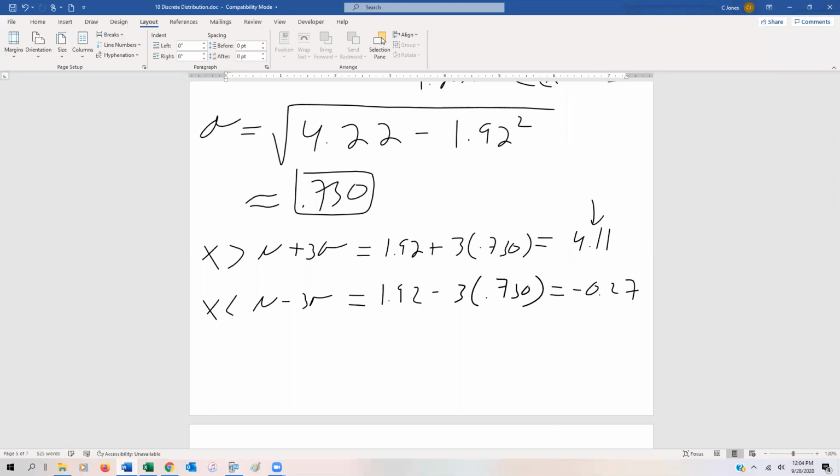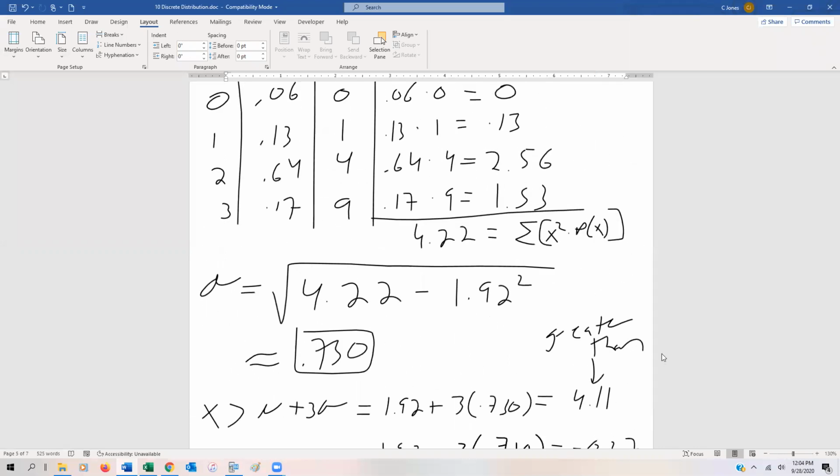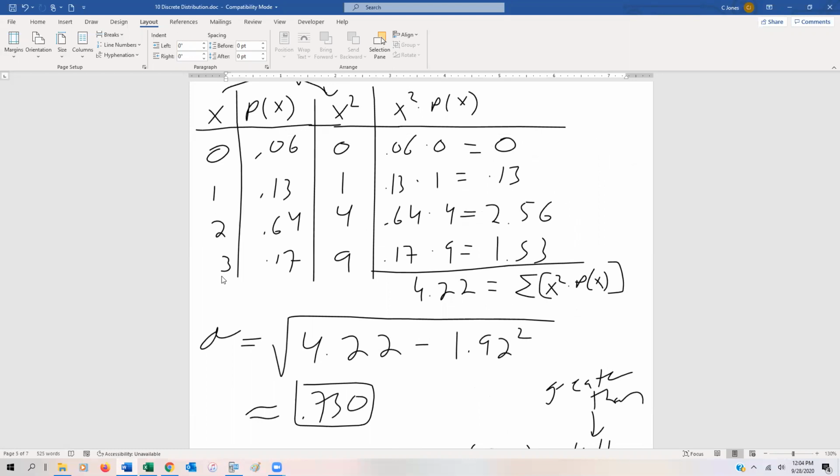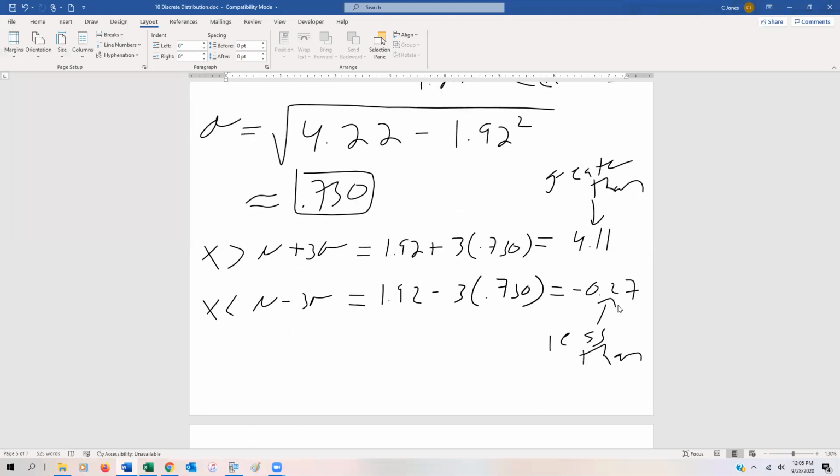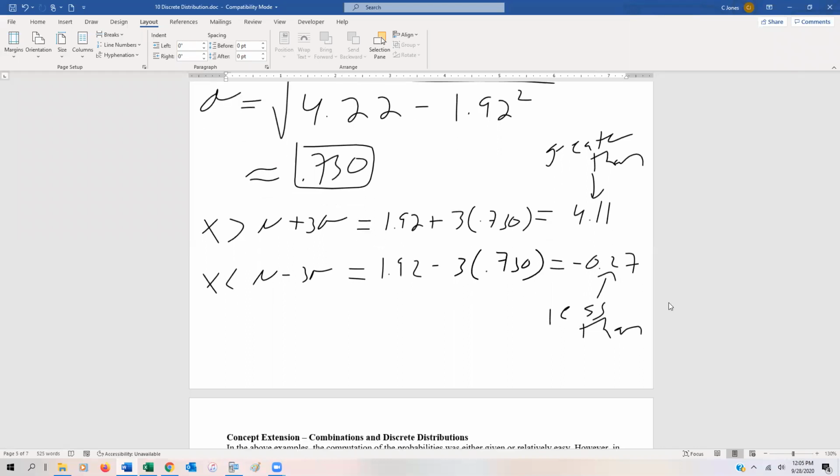So it has to be greater than 4.11 or less than negative 0.27. And of course, in the context of this problem, that makes no sense because the least number that we can throw for the free throws is 0, and you can't make negative free throws. So in other words, the negative doesn't make any sense.